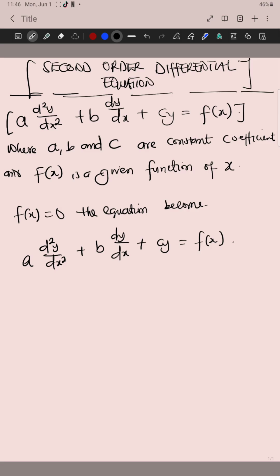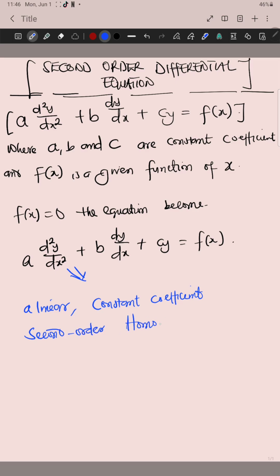Now the full name of this is a linear constant coefficient second order homogeneous differential equation. That is what it is called.